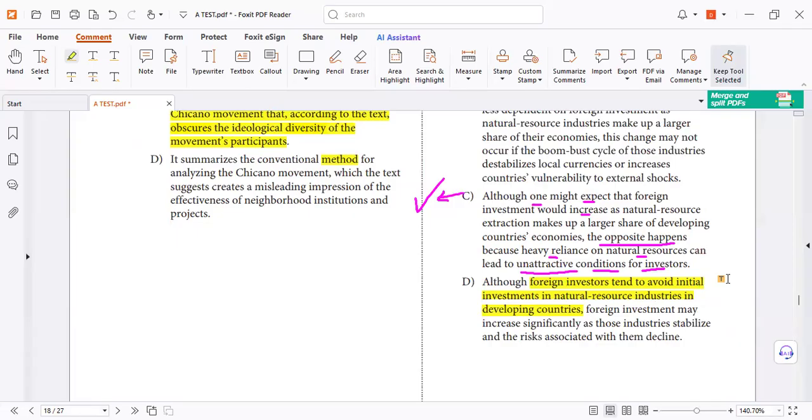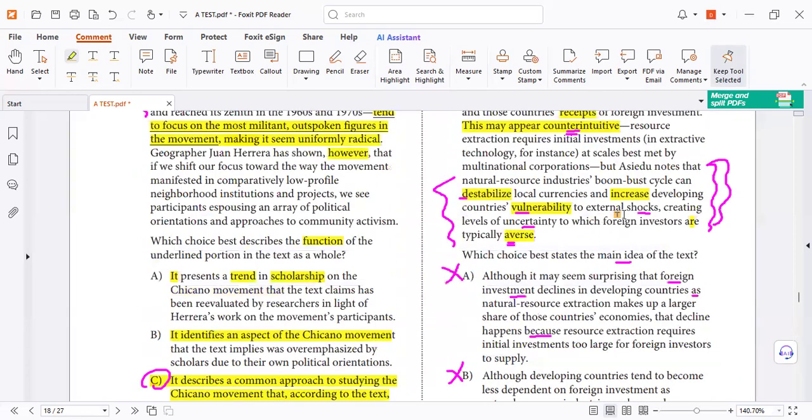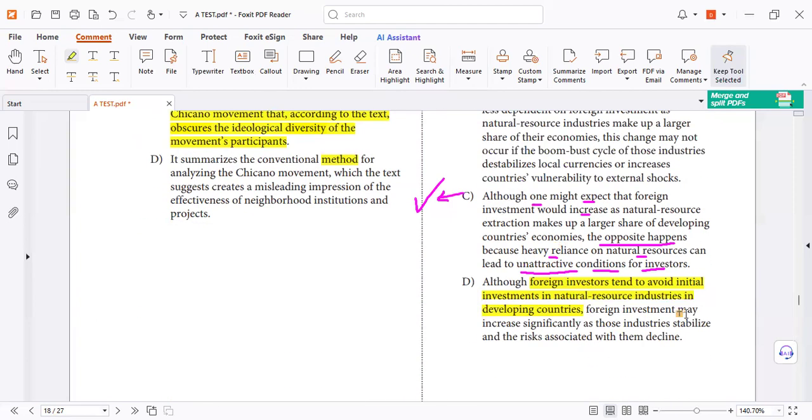Is it correct? Yes. They want to avoid, as I mentioned, that they are averse and there is vulnerability. Okay, but the second clause: foreign investments may increase as those industries stabilize and the risk associated. Did you mention that industries stabilize and the risk associated? That means half of the answer is wrong.